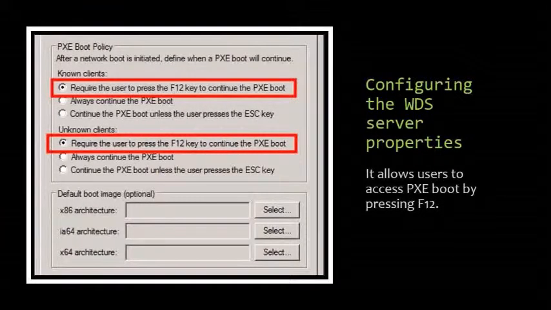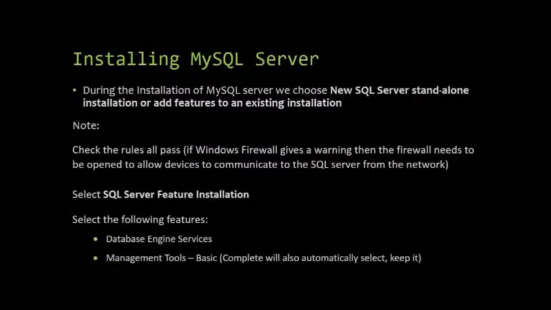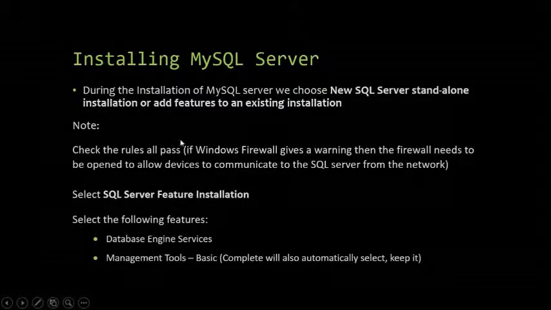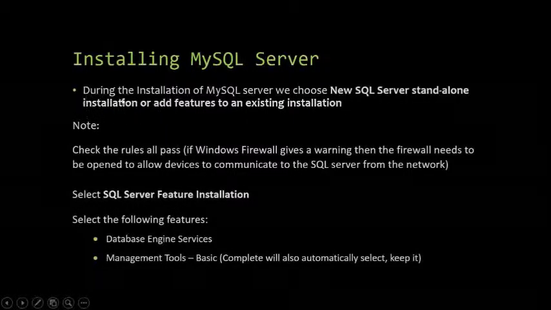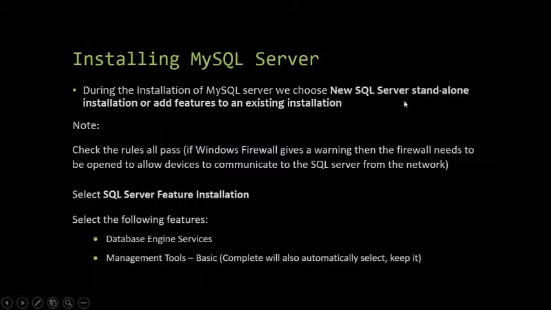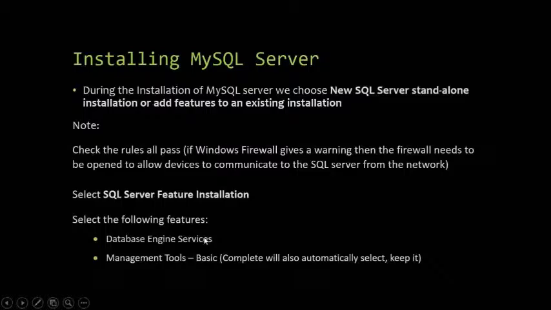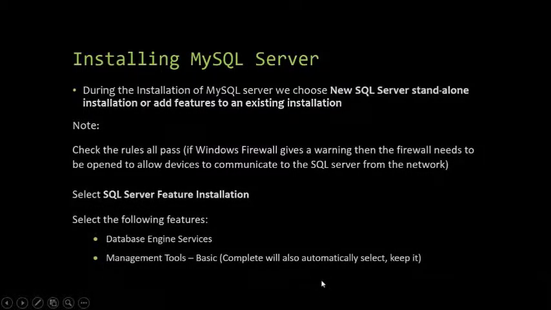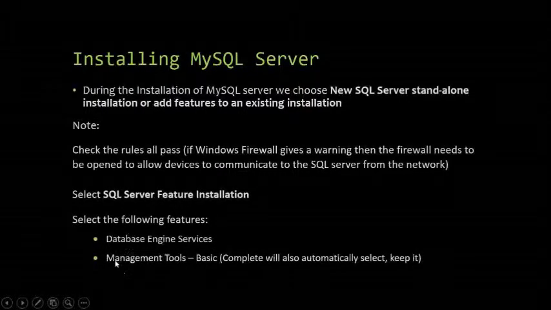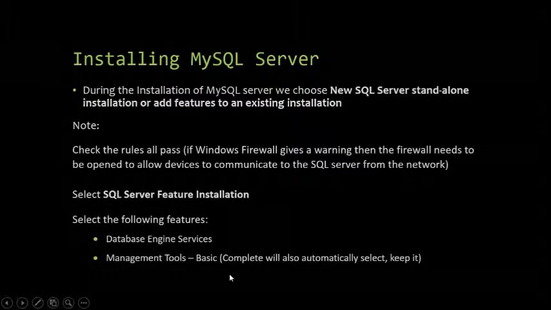And the next one is we install MS SQL Server. During installation of SQL Server, we choose a new SQL Server standalone installation and add features. We usually just use these two features we need. These are the two features basically needed for a project, which are the Database Engine Services and Management Tools Basic.